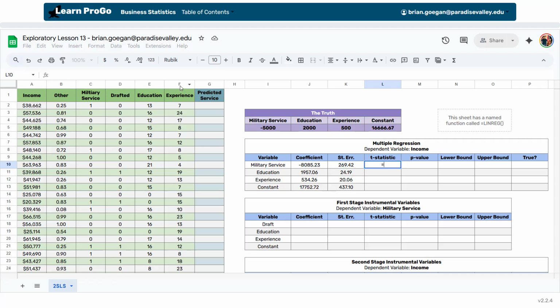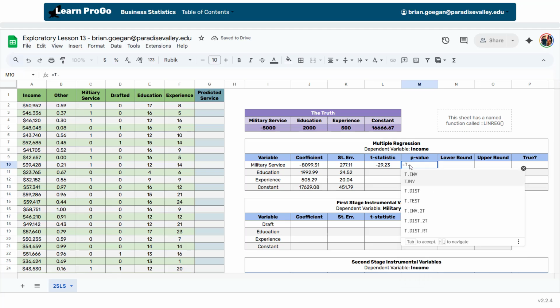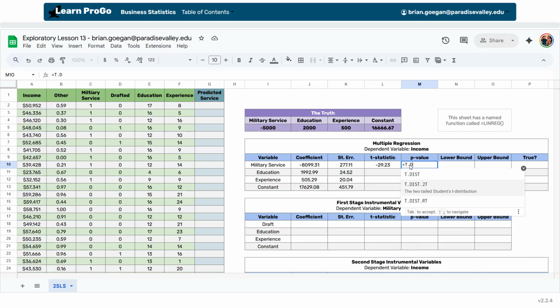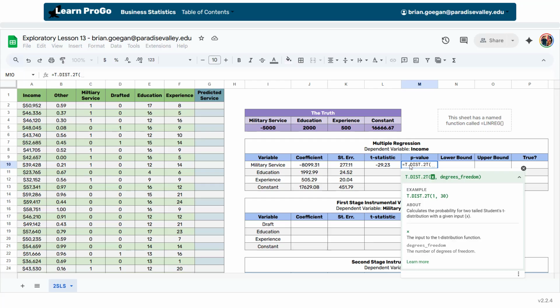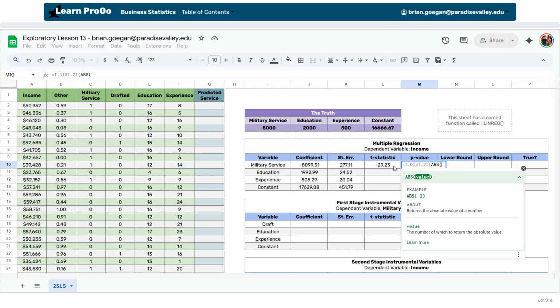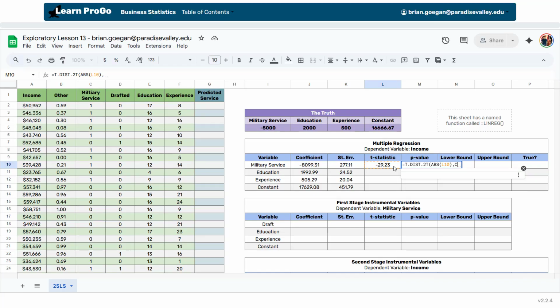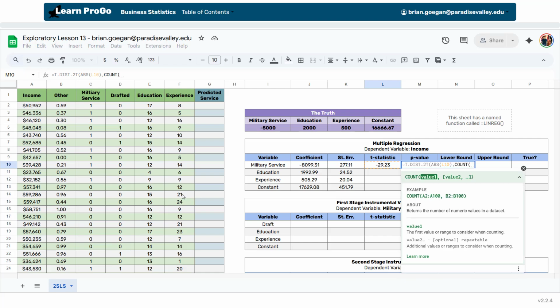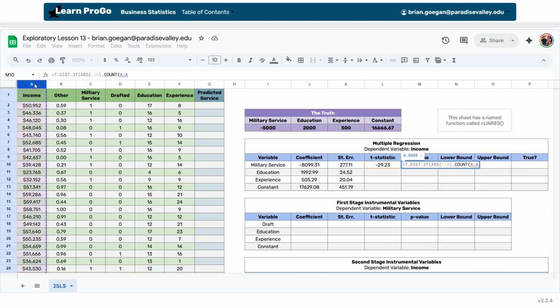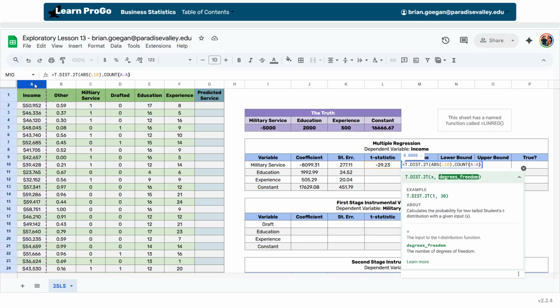So now we can calculate our t-statistic, which is just the coefficient divided by the standard error. We could calculate our p-value, where we're going to do T.DIST.2T. We're going to have to do the absolute value of our t-statistic. Our degrees of freedom in this case, we're going to want to compute here, so we can do COUNT to count up the number of numbers using our dependent variable, usually best.